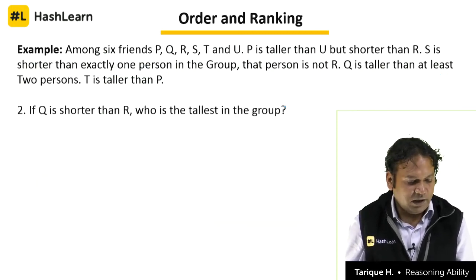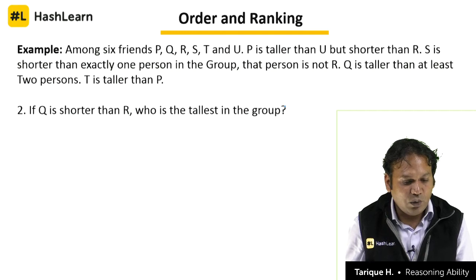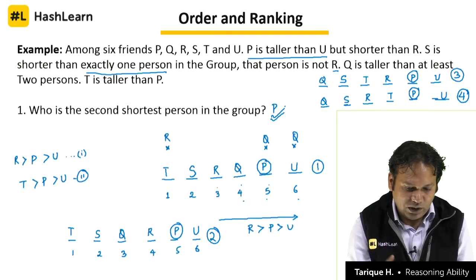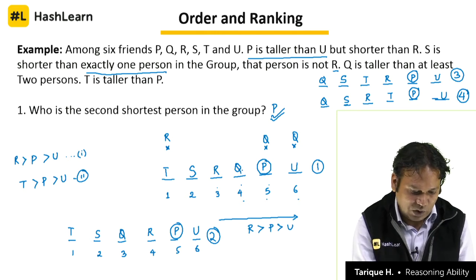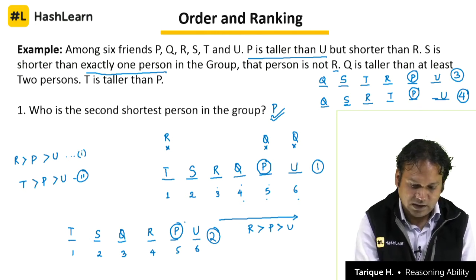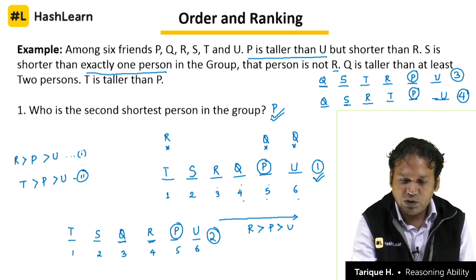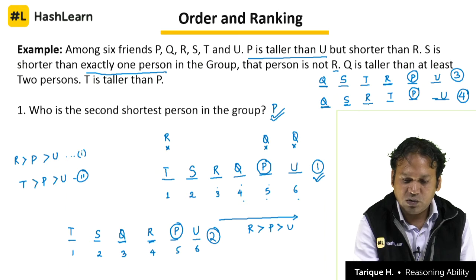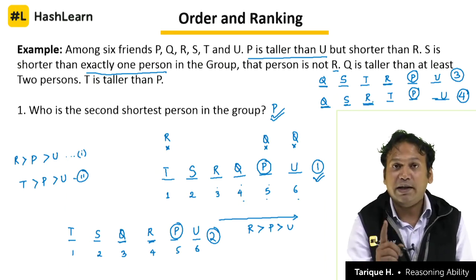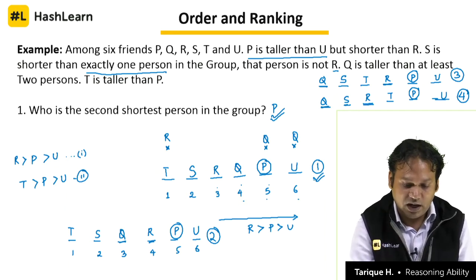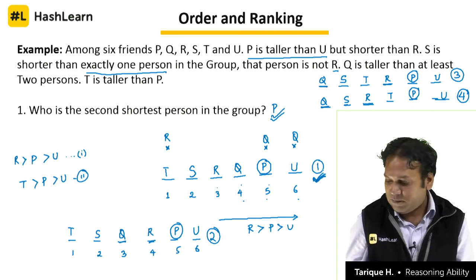Now if you go to the second question: if Q is shorter than R, who is the tallest in the group? Now you see here, if Q is shorter than R, that happens only in one case, case number 1. In other cases Q is taller than R. There is only one case in which Q is shorter than R, which is the first case.